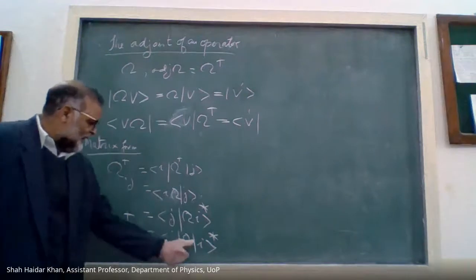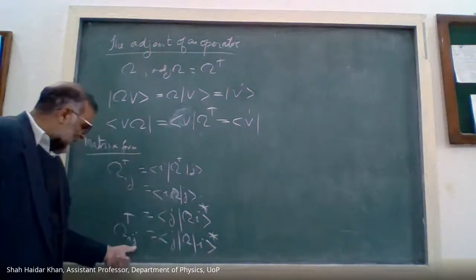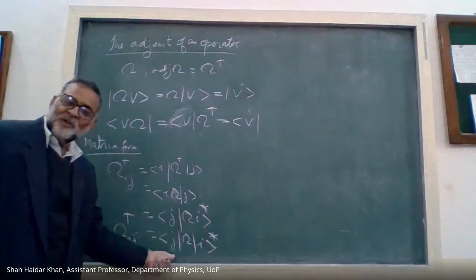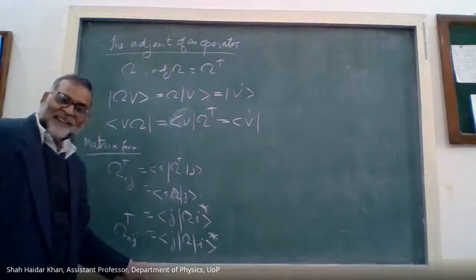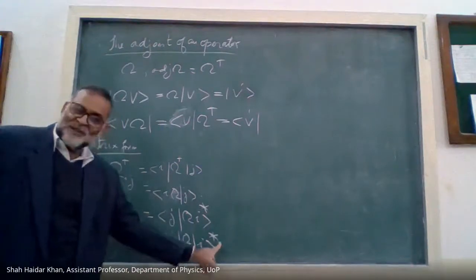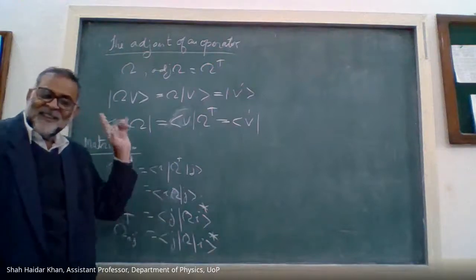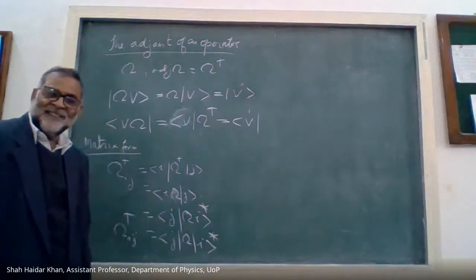Look, rows turn into columns and columns turn into rows, right? And then take the complex conjugate. The same thing. Make a transpose.